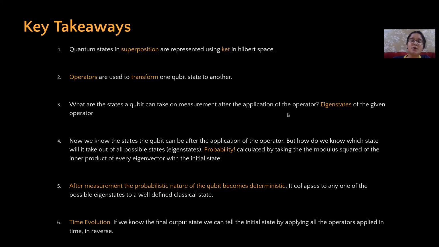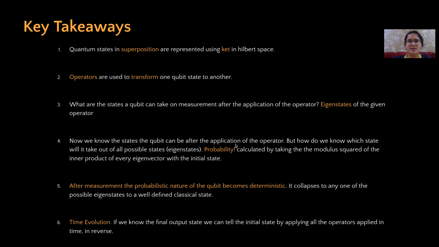But then we want to know what is the probability of getting into ket 0 state or ket 1 state. So for that, we get probability by taking the eigenvector for which we are measuring the probability and the qubit as the psi qubit in the video, and take their inner product, take the amplitude of it and square it, and that is our probability.